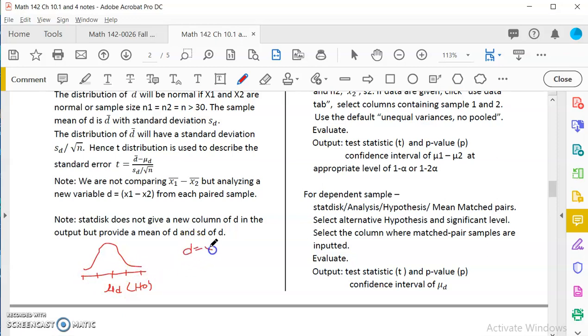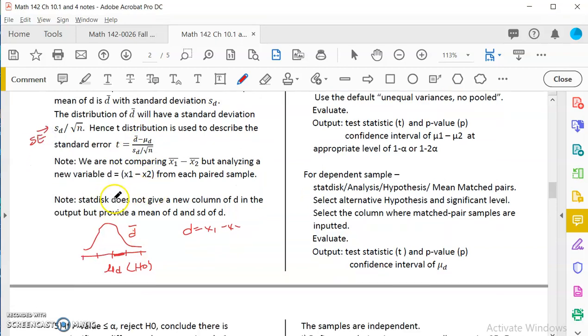D is x1 minus x2, and how much these differ in terms of the standard deviation is the tick mark, and we use t for d bar minus mu d. We actually look at d bar, because if I take a lot of samples and compare and get a D bar, it is still distributed, and this is the standard error.